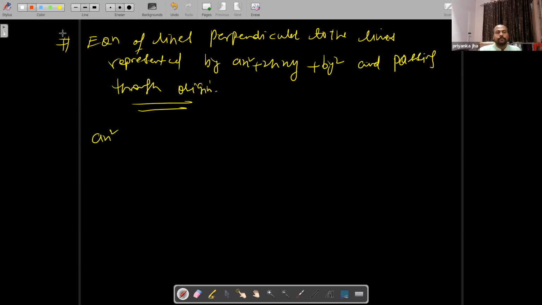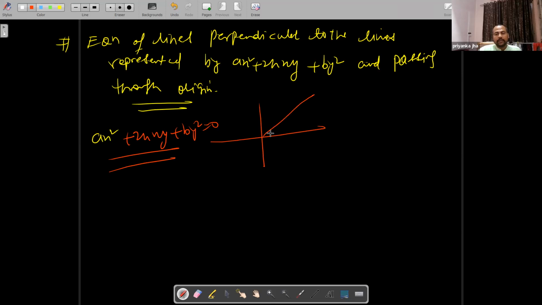ax square plus 2hxy plus by square represents two lines. Let's say y equal to m1x is the equation of this line and y equal to m2x is the equation of this line.